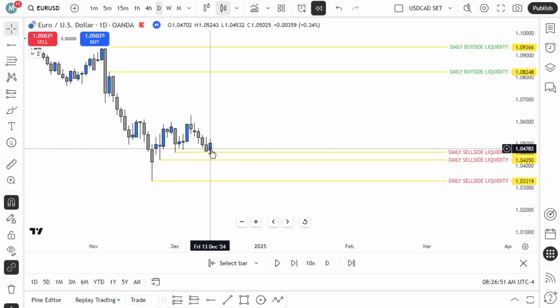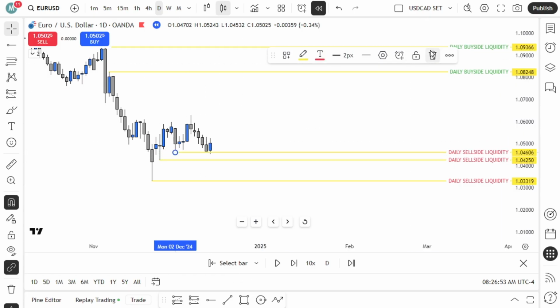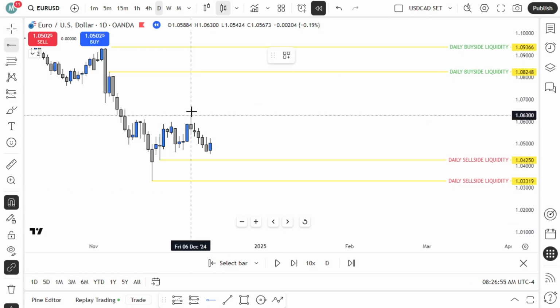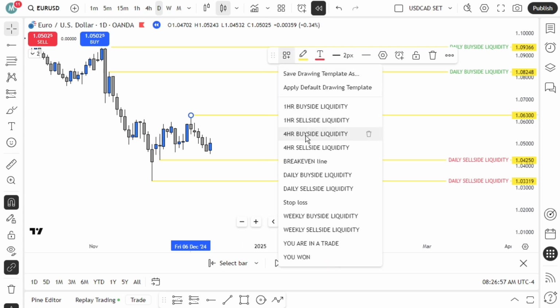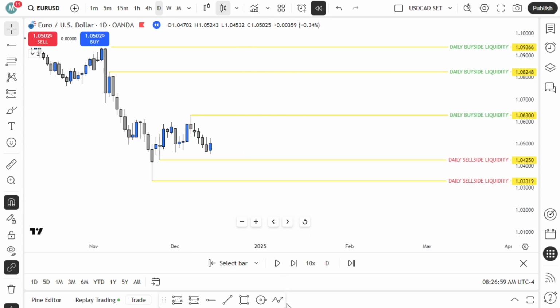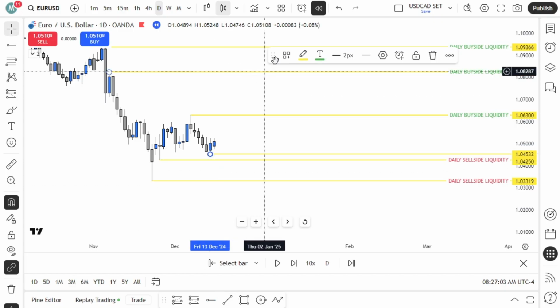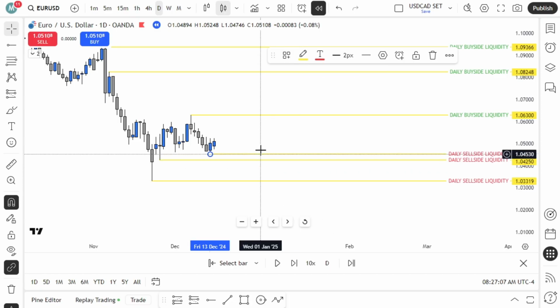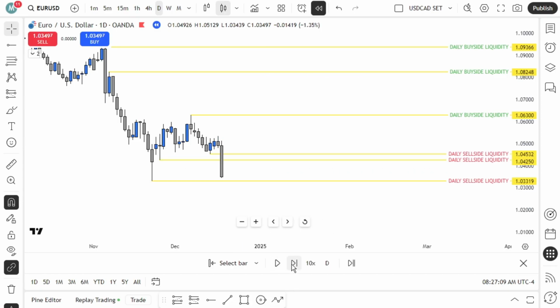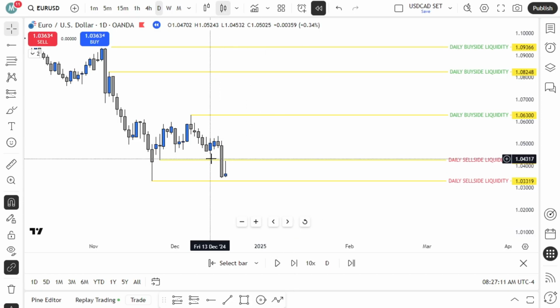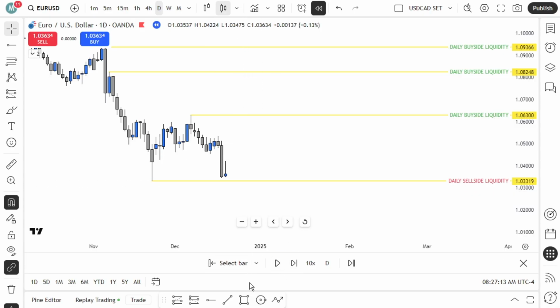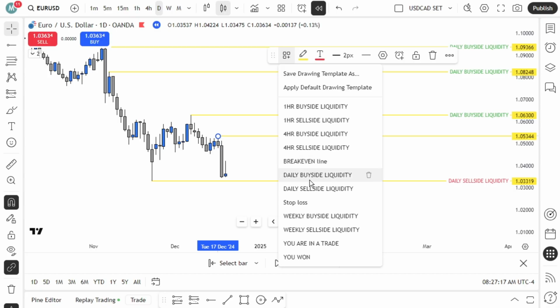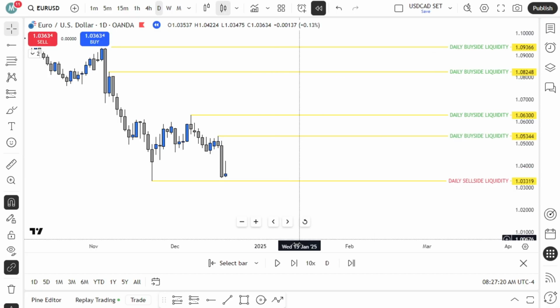And price swept liquidity, making a new swing high, making it buy side liquidity. In the process, making a new swing low, making this sell side liquidity. Price then swept both liquidities, making a swing high, making this buy side liquidity.